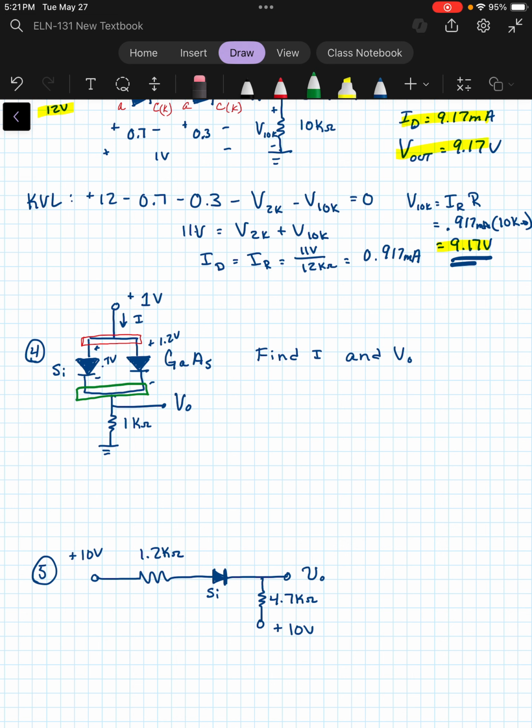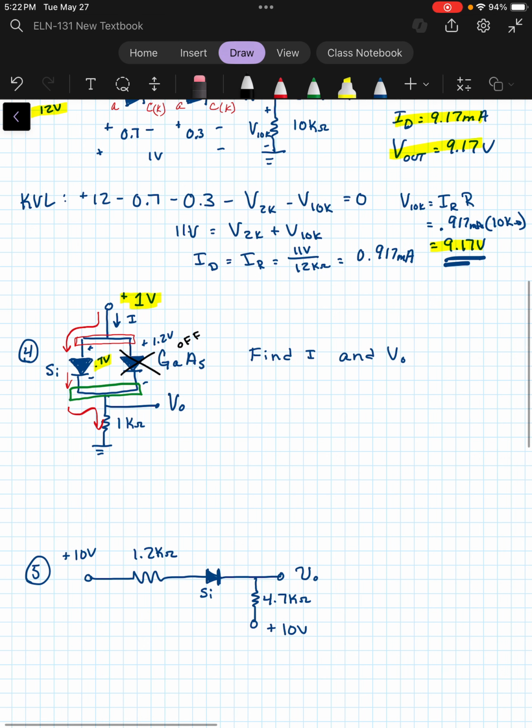So what does happen is that, as you see up here, we've got 1 volt to work with. And what's going to happen is that with that 1 volt, we're going to drop the 0.7 across here. And once we do, and this diode comes on, all of a sudden, all of the current's going to go this way, and nothing will be left to go through the gallium arsenide side. Okay, so that will be off, whereas the silicon diode will be on.